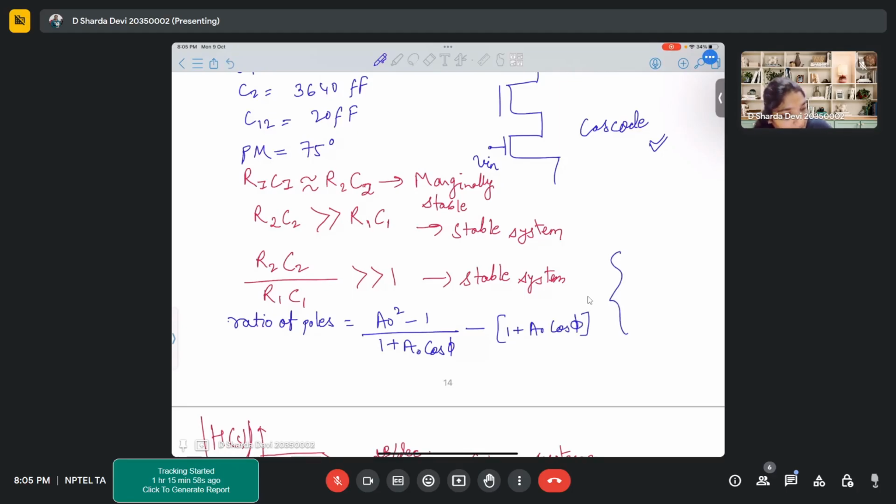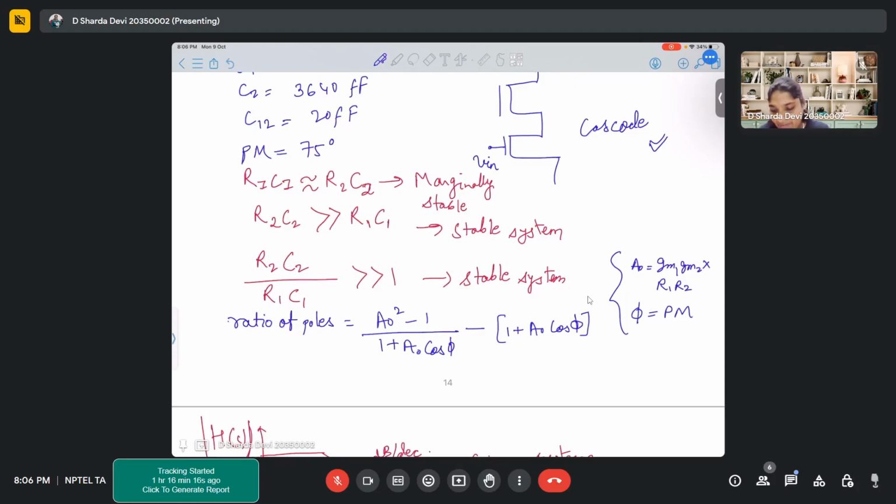Here a naught is gm1 gm2 into r1 r2, and phi is the phase margin value.